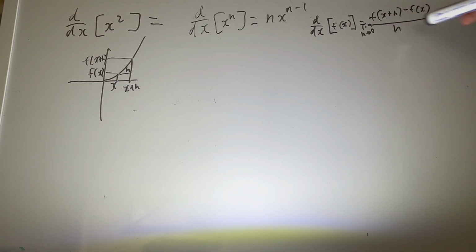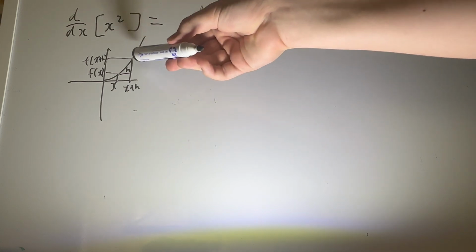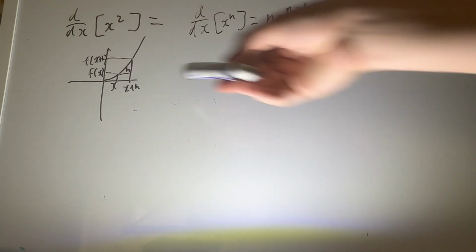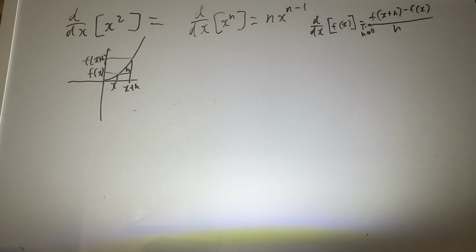So the definition here is just saying that f of x plus h is approaching f of x. So we're just finding the derivative of the function f of x because h is approaching 0.